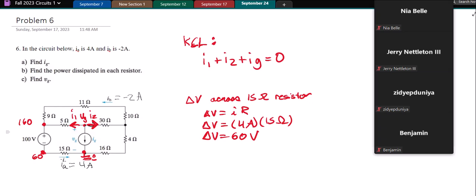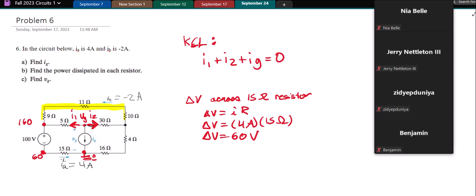Let's see. What else do we want to do here? We know that IB is negative 2 amps. Take a look here. You see how those are all in series?